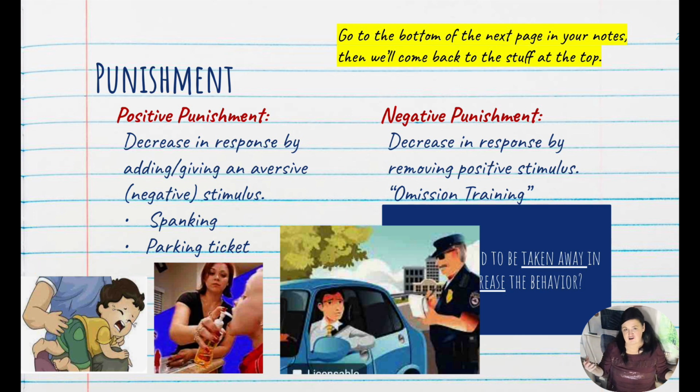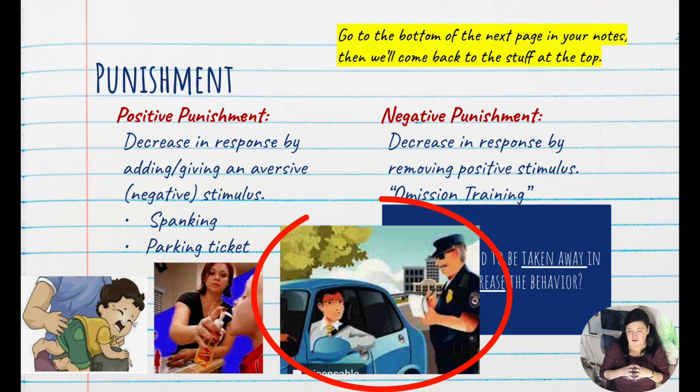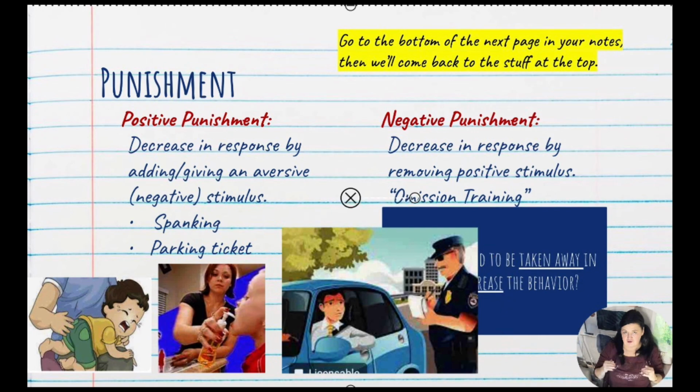Or in a less scary scenario, we could say add in a speeding ticket in order to reduce the speeding behavior of a fast driver. And the last example is adding soap to the mouth of a foul-mouthed child.